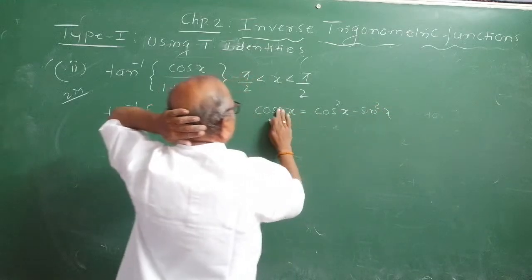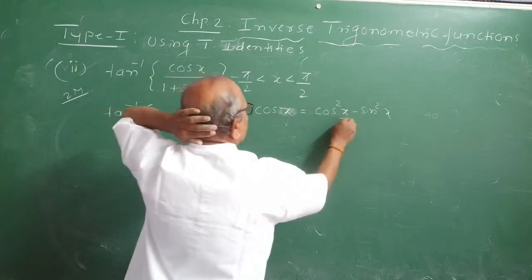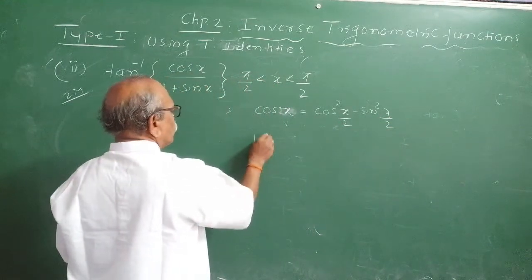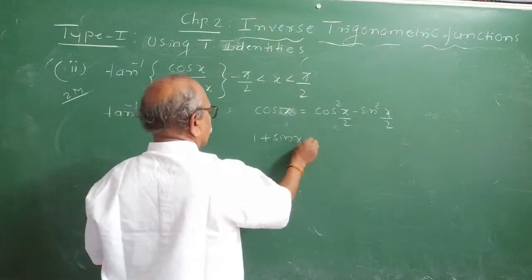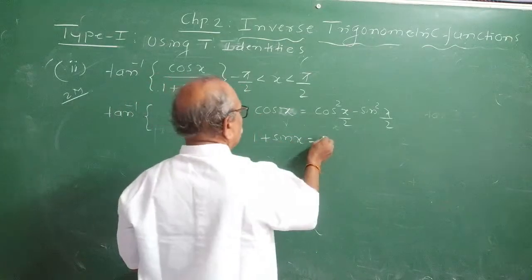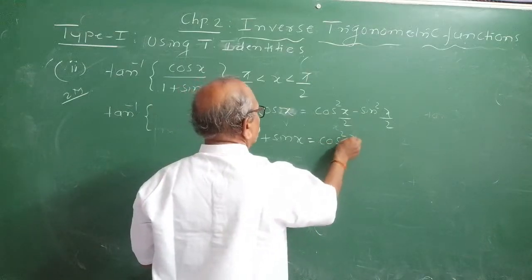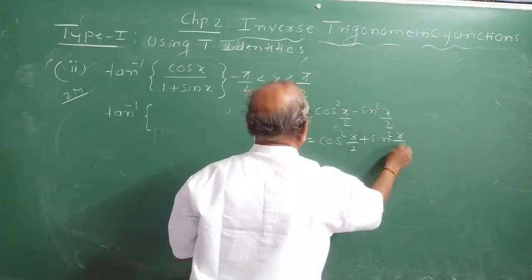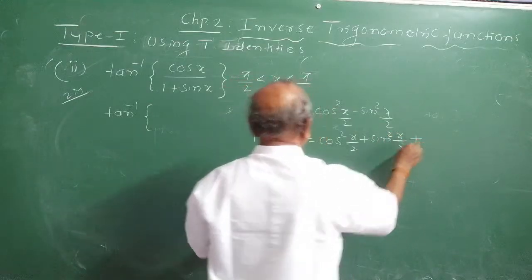When you solve it, cos x can be written as cos square x by 2 minus sin square x by 2. You remember, what is 1 plus sin x? 1 can be written as cos square x by 2 plus sin square x by 2. Observe carefully. Plus, what is sin x?